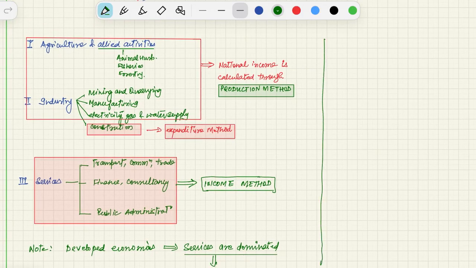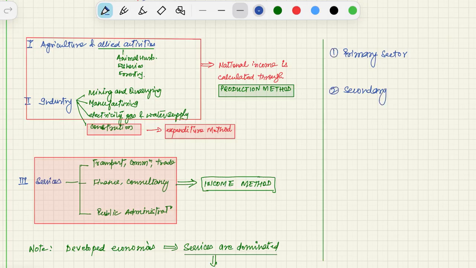In general terms, we divide these sectors into: the first one is the primary sector, secondary sector, third, tertiary sector, and fourth, quaternary sector. Within quaternary there is one sector that is also called the quinary sector.